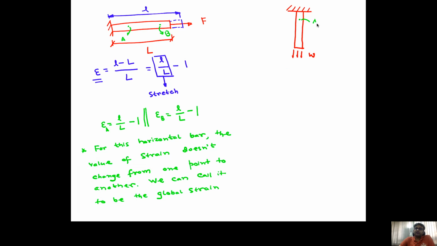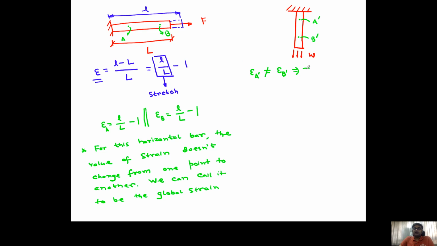One point is A prime and then there is another point which is B prime. But now since it is being acted upon by its self weight, what you can see if you want to compute is that epsilon A prime is not equal to epsilon B prime, which means the value or the magnitude of strain changes from point to point.